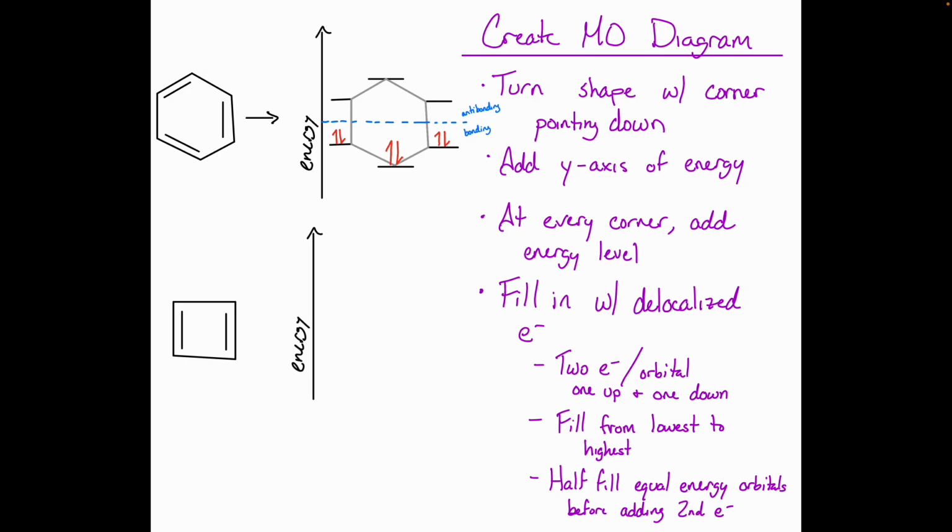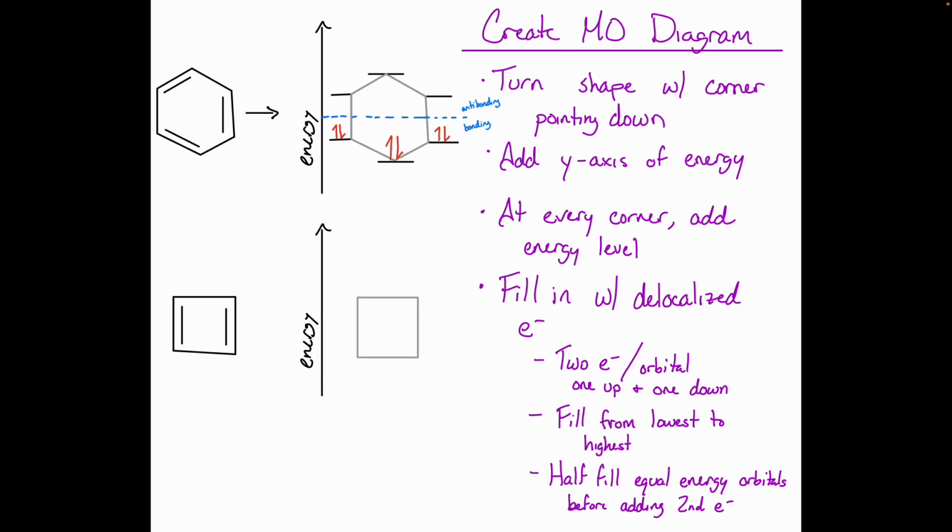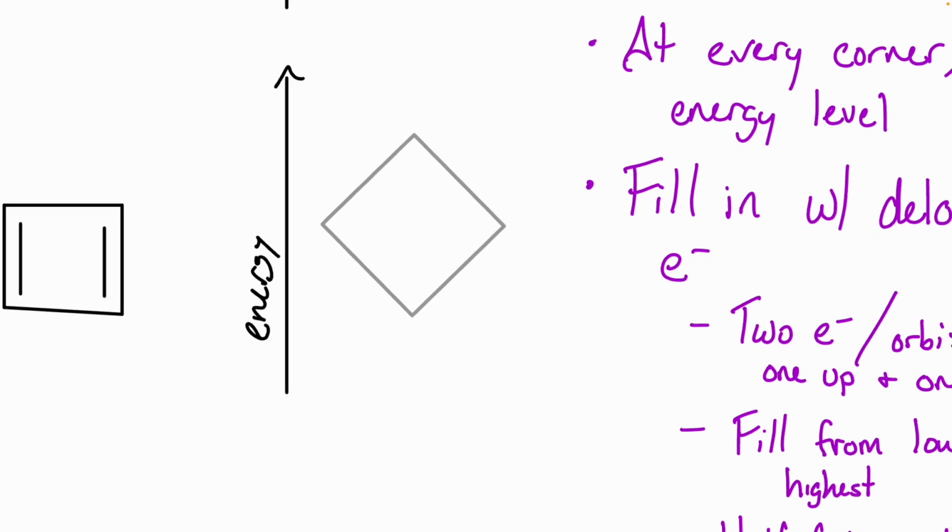So step one, I got to take my shape here. Importantly, we draw our square here as this, but we got to turn it such that we have one of those corners facing down. When we draw our polygon to represent our energy levels, we got to have one of those corners facing down here.